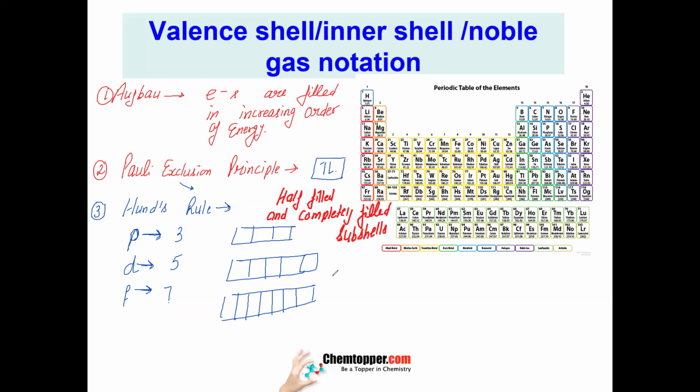Half filled and completely filled subshells are extra stable electron configurations. EC means electron configuration. So exactly half filled or completely filled subshells.